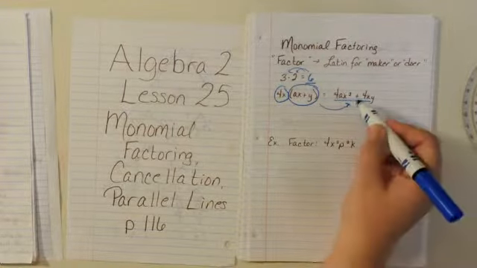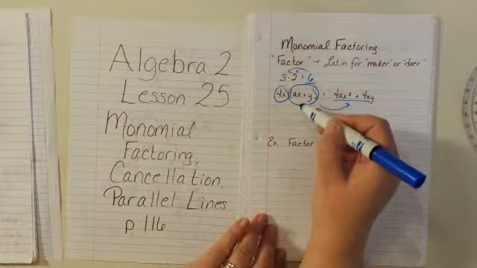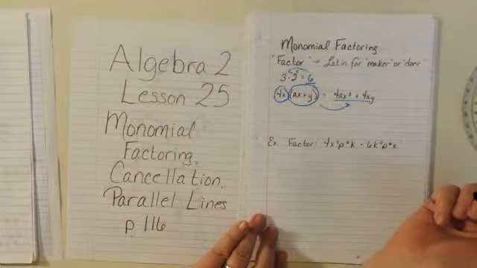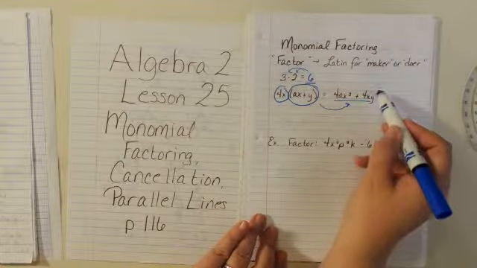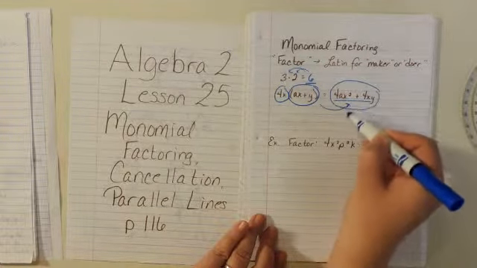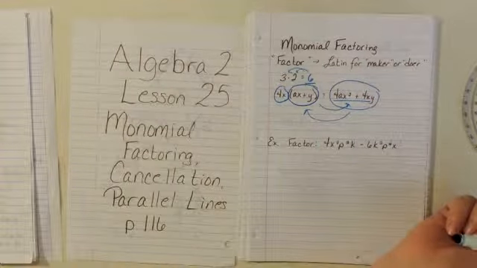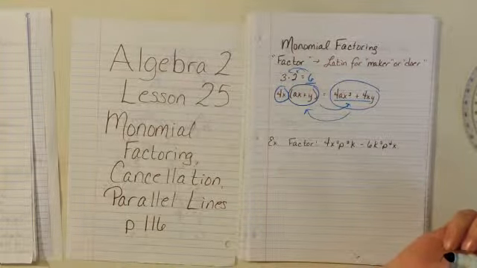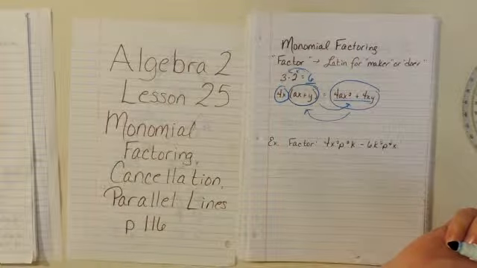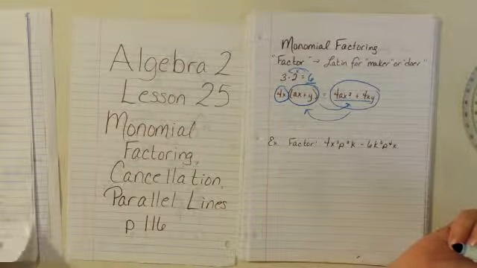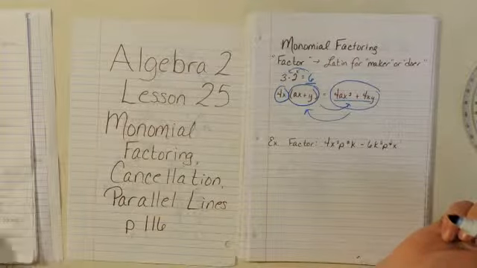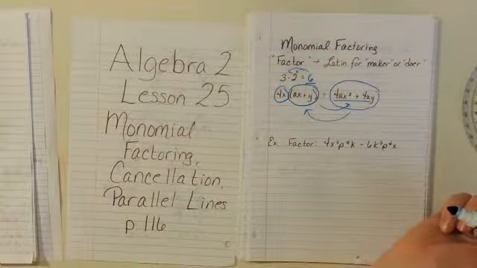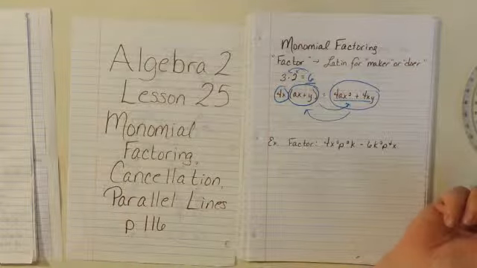When we write a sum as the product of its factors, we say we're factoring. So most of the time we're going to see the sum and we are going to find the factors. We find the factors by finding the greatest common factor of both terms and then dividing it from the terms, which leaves us with our original factors.